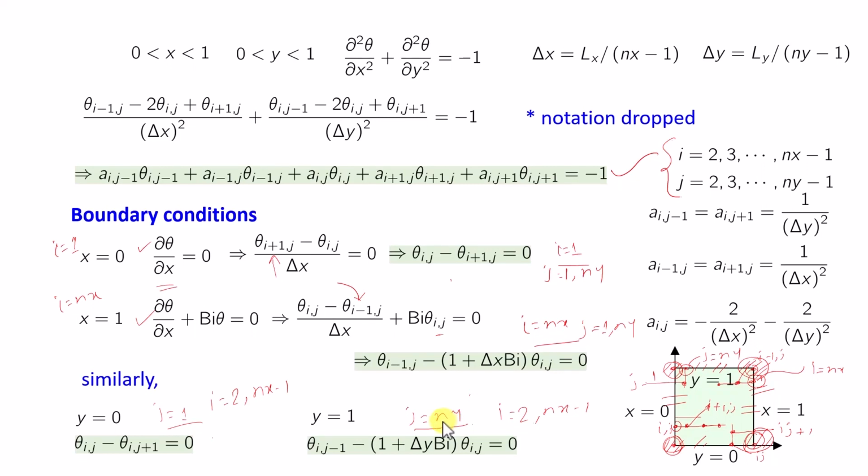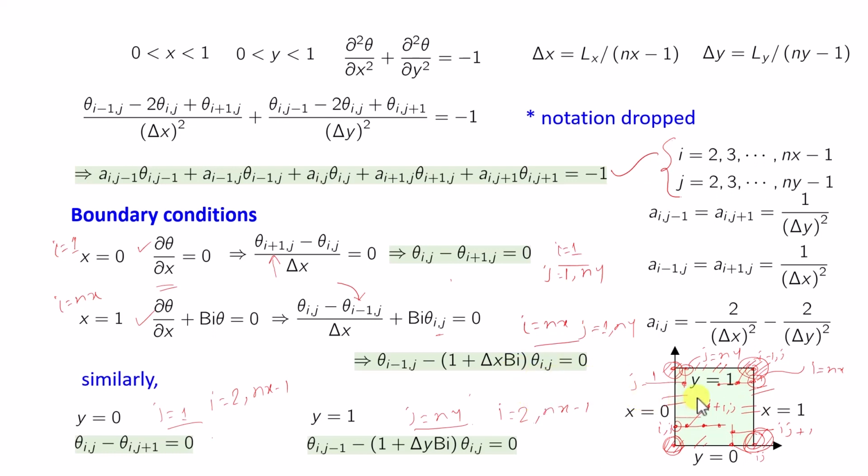Now you can count the corner points in y also. Then in x direction you have to take 2 to ny minus 1, 2 to ny minus 1. In y it will come 1 to nx, 1 to nx. Whatever you do, that is fine. Corner points are always a problem in computation of such problems. But here it will not give you any trouble because we have this Neumann-Robin type condition.